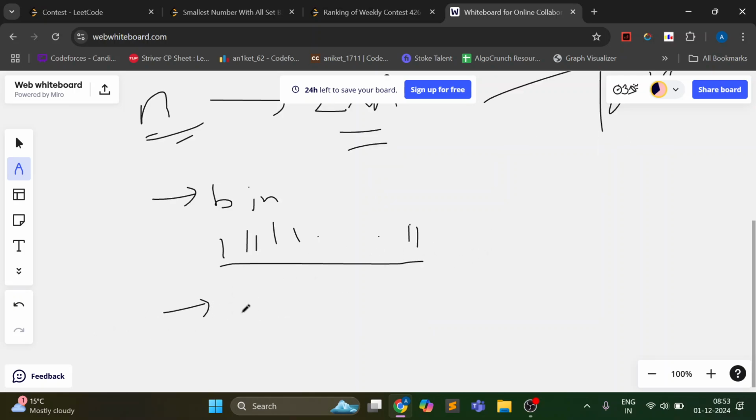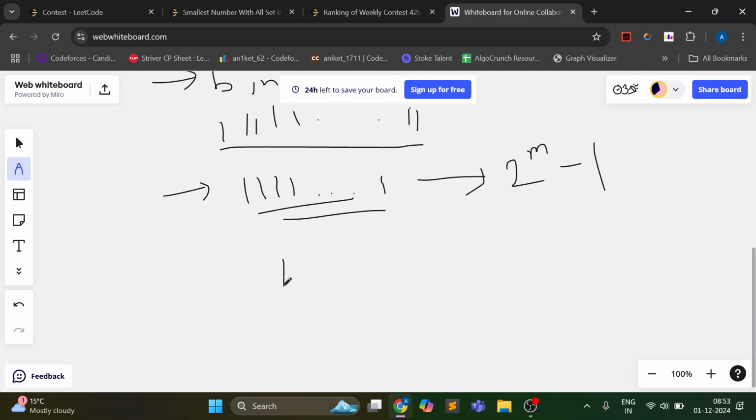Another way of doing it is any continuous string of ones can be represented as 2 raised to power m minus 1, where m is total number of ones. So only one 1 can be represented as 2 raised to power 1 minus 1, which comes out to be 1 itself. 2 ones is 2 raised to power 2 minus 1, which is 3.